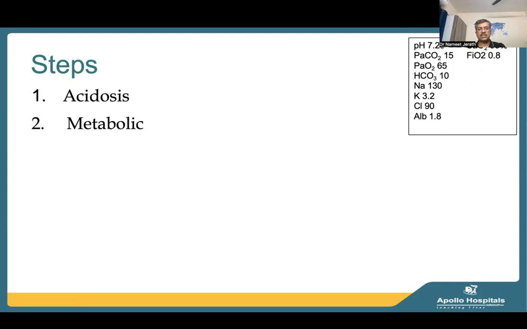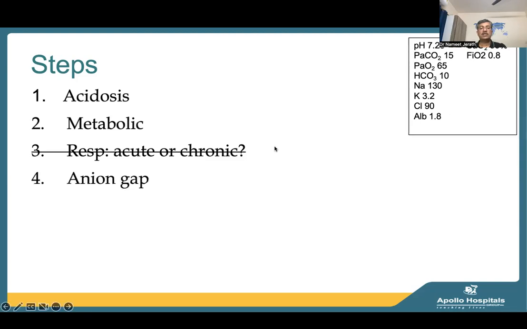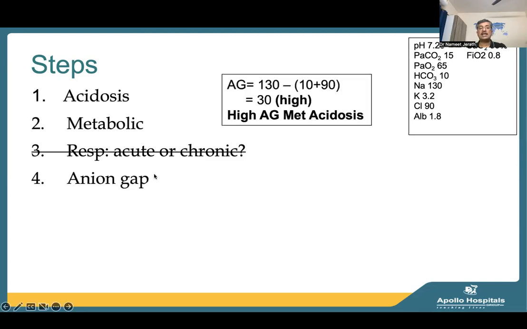Now, because it is a metabolic acidosis, we can skip the third step. The third step is only if you have a primary respiratory problem. And we go to the fourth step to find out the anion gap. So here, we will now calculate the anion gap. What is the anion gap here? It is the sodium minus the bicarbonate plus chloride.